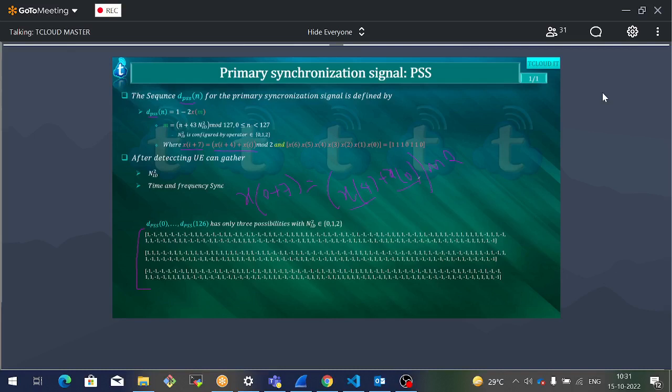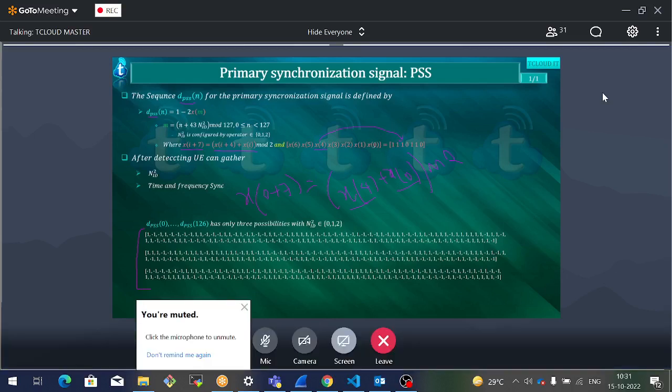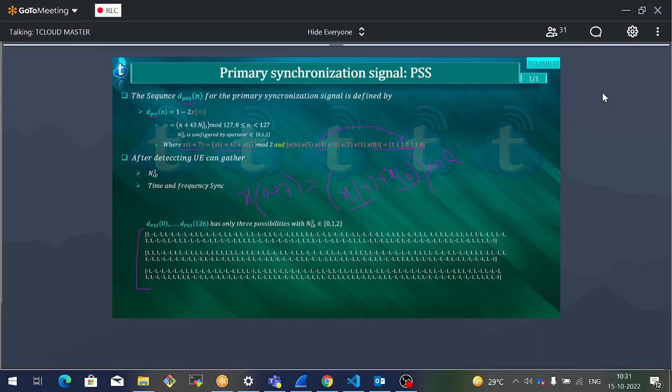Now this X of 4 and X of 0 are already identified. X of 4 value is 1 and X of 0 value is 0. So the lower order elements are already defined. Only from the 7th element onwards, you need to find the values by using these earlier elements.